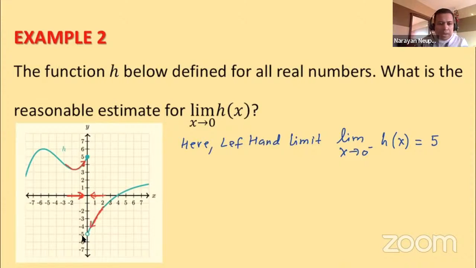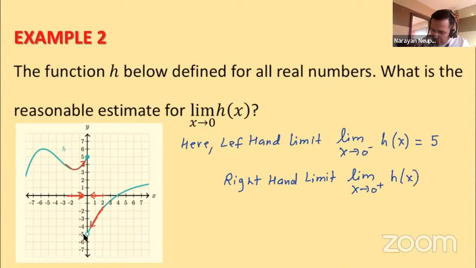It's getting closer and closer to -5. So we can say the right-hand limit, that is the limit as x approaches 0 from the right of that function, is equal to -5.